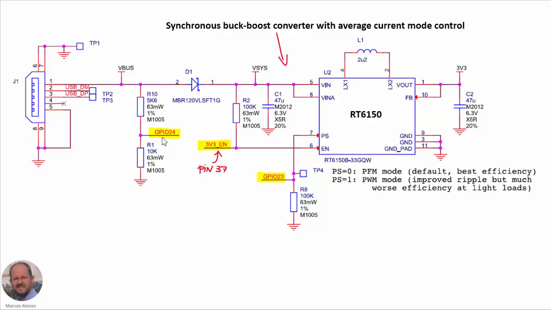Finally, we have this signal here, which is connected to the GPIO24 of the microcontroller. And this is intended to have the possibility of reading the status of the VBUS voltage. So if we have here 0 level, then it means that there is no power supply connected to VBUS.